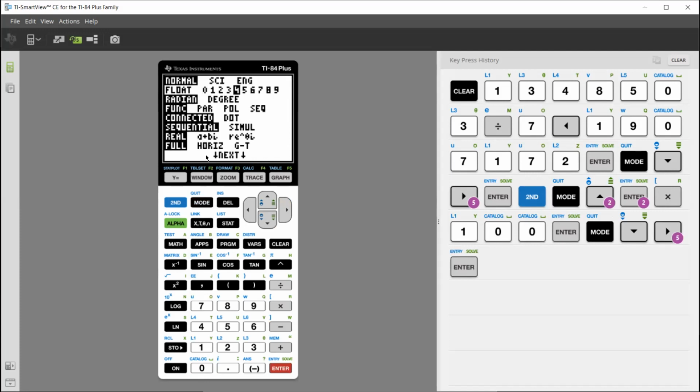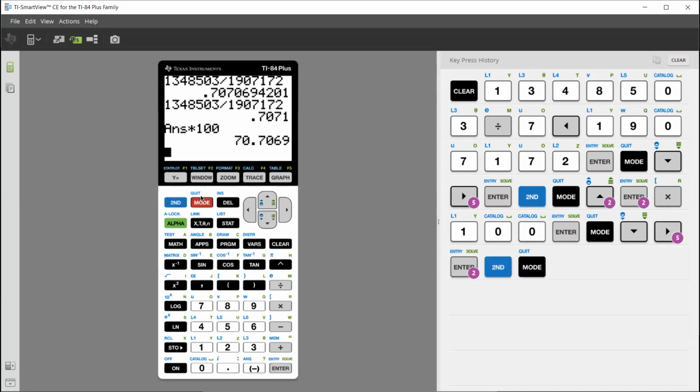I wonder why it didn't continue. Let me see. All right, there it is. Okay, so there's my number, 70.71 is what that comes out to be. So now I can go on to B here.